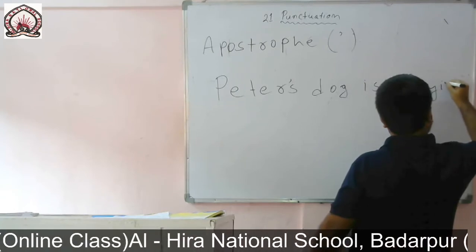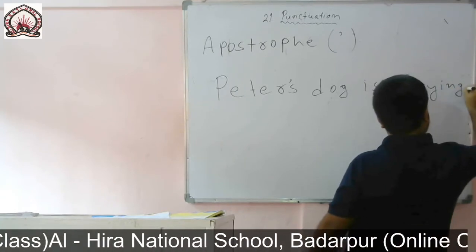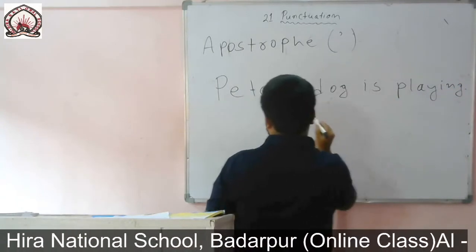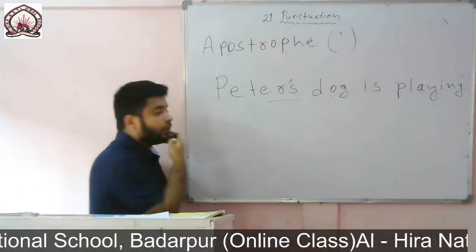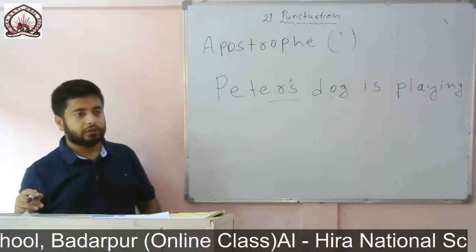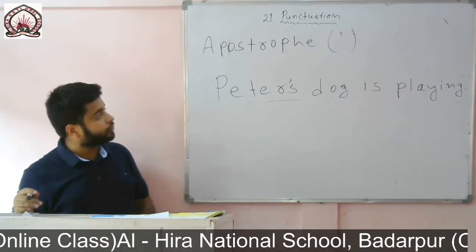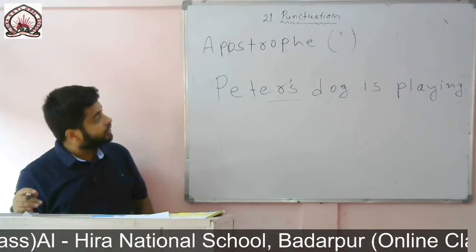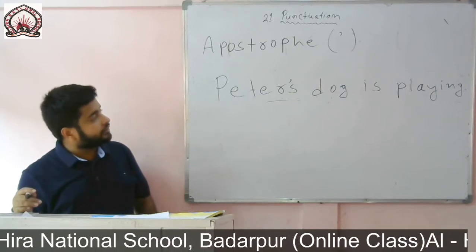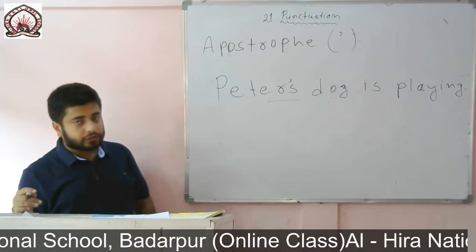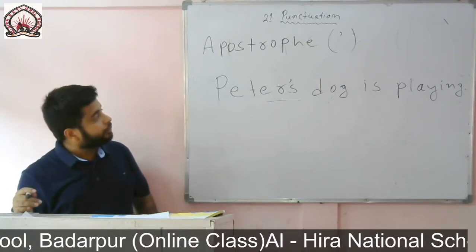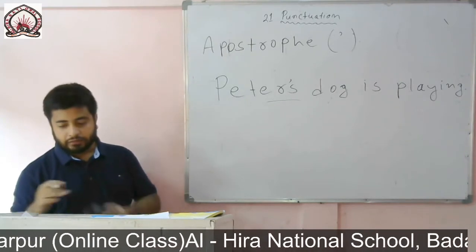P-L-A-Y-I-N-G. So to show possession, that is ownership, you can say ownership, we use what? Apostrophe S. So Peter's dog, that means the owner of the dog is Peter. So Peter's dog is playing.